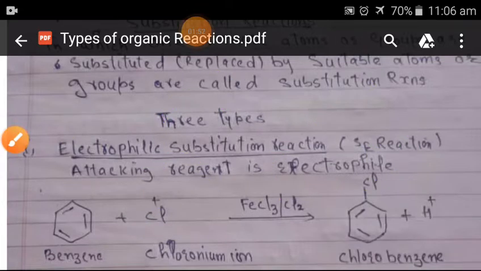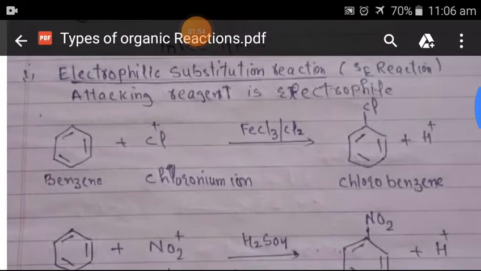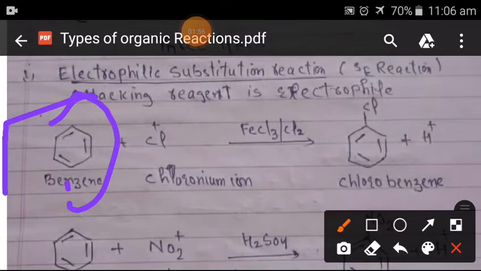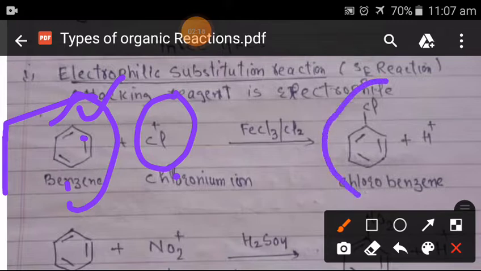Here is one example. Take benzene. You know that in benzene there are pi bonds between carbon and carbon. As a result of these pi electrons, benzene becomes an electron rich center, and the chlorinium ion acts as an electrophile. It will attack the benzene, and the product formed will be chlorobenzene plus hydrogen.